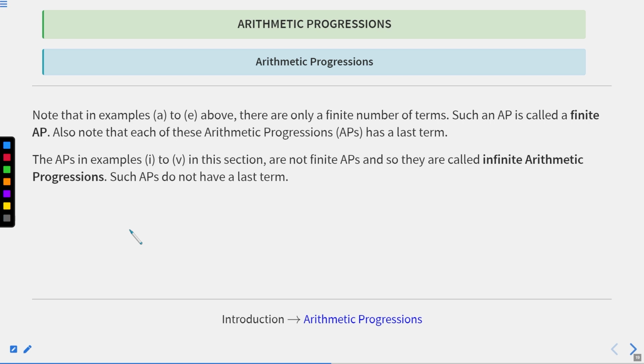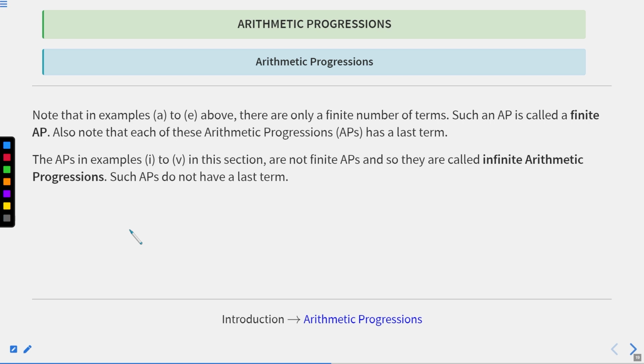The APs in examples 1 to 5 in this section are not finite APs, so they are called infinite arithmetic progressions, and such arithmetic progressions do not have a last term. So it must be noted down.